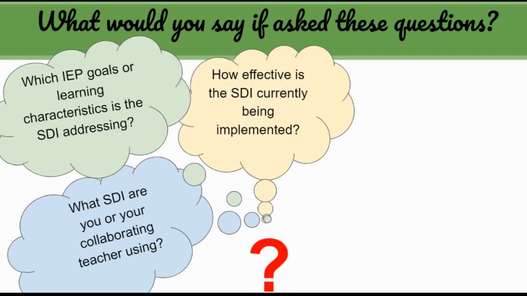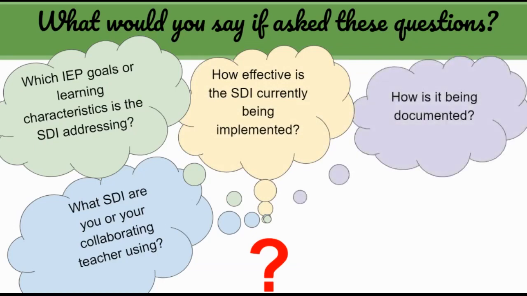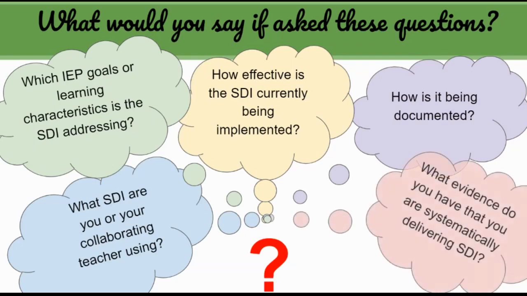You're collecting data, you're sharing that information. How's it being documented? Through the lesson plans, and there might be other progress monitoring tools, but the point is that you're having these discussions and all parties involved have some clarity. And finally, what evidence do you have that you are systematically delivering the SDI? You put this system in place. You've thought it through. You've gone through that inclusion checklist. And so you have answers to all these questions.